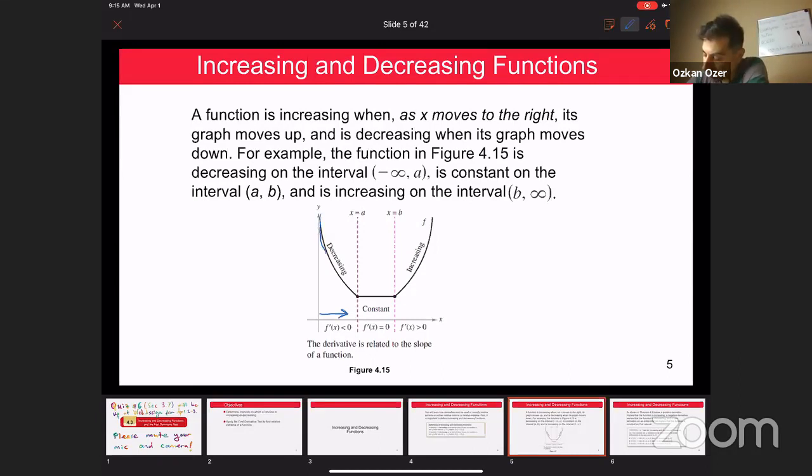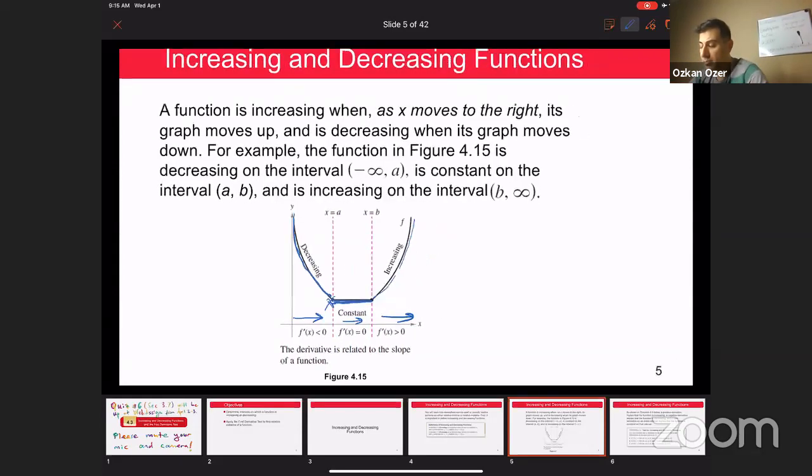Whenever you hit x equals a, you keep just going constant till x equals b, and then you go back up, increasing, starting from x equals b. So in one case it's decreasing, in another case it's constant, and then in the next sub-interval it's increasing.